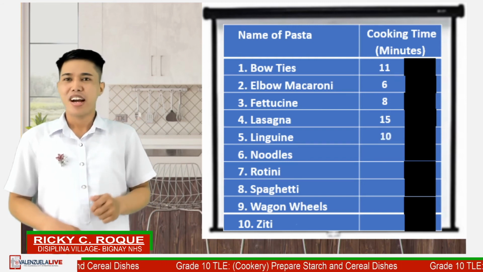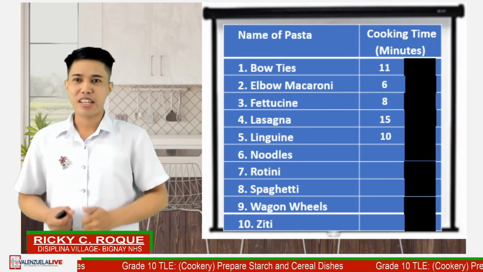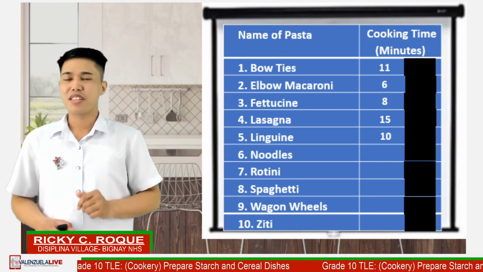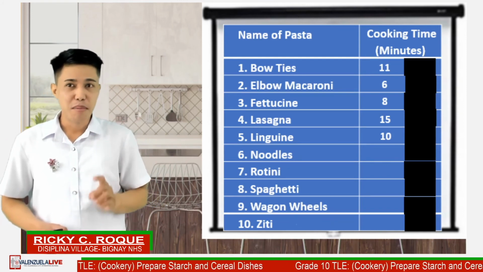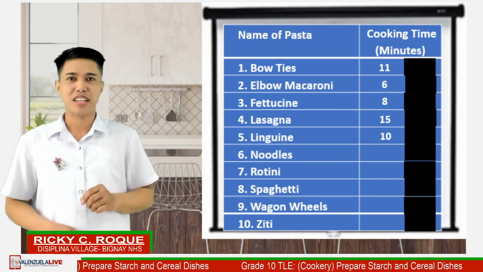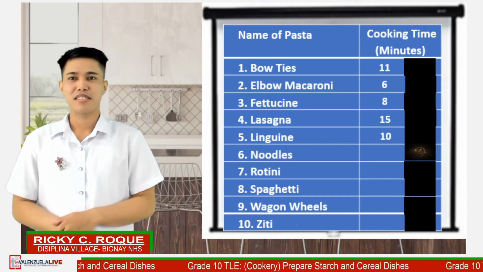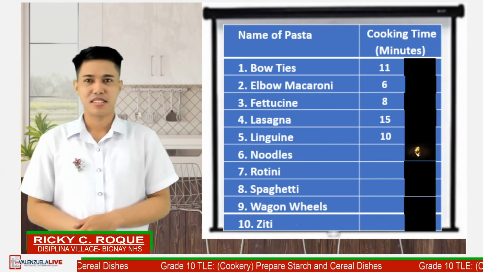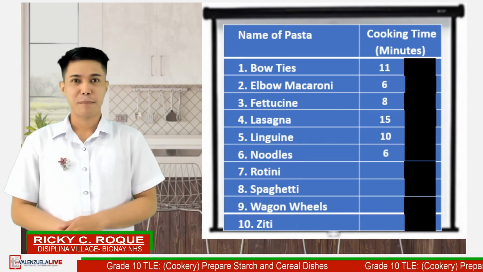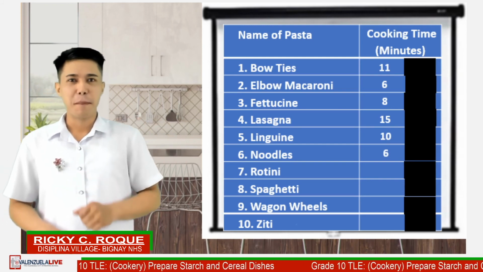Okay, linguine has a cooking time of 10 minutes. Amazing! If you got straight 5 correct answers, let's continue. Number 6, noodles for 5 seconds. Noodles have a cooking time of 6 minutes.